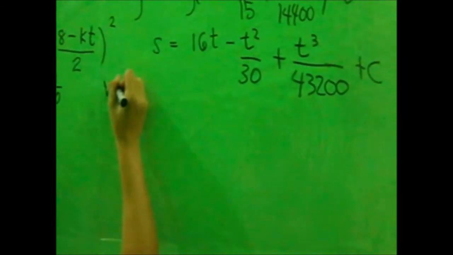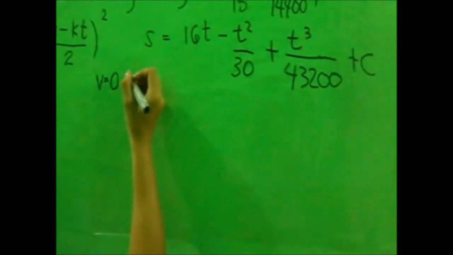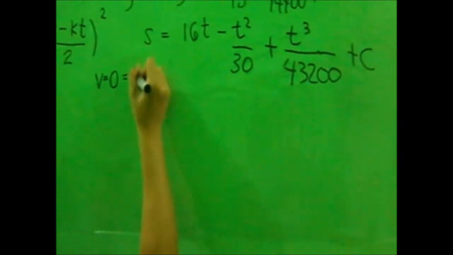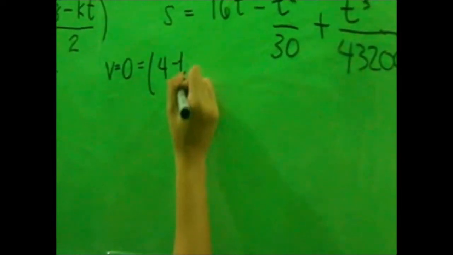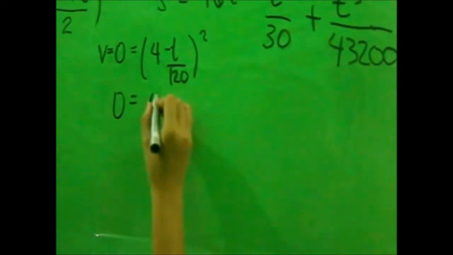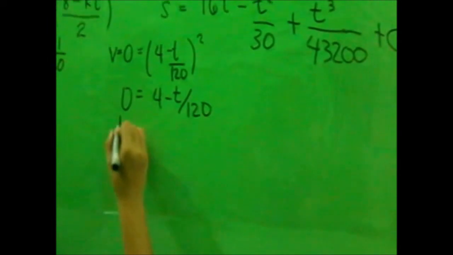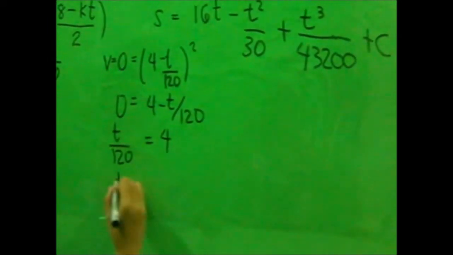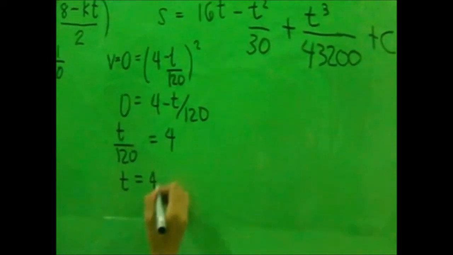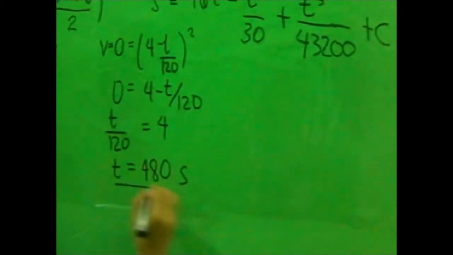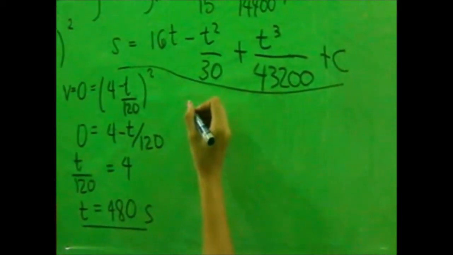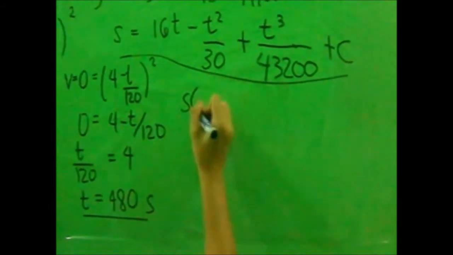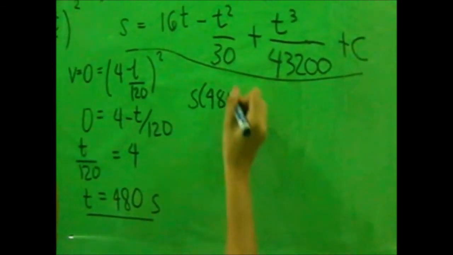Now, we have to find at what time will the velocity of the barge be equal to 0. We can now solve for the distance at time equal to 480 seconds.